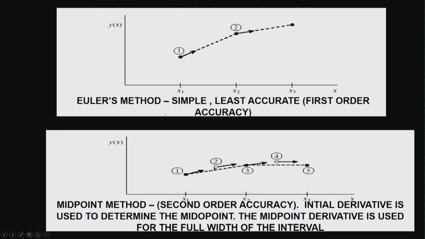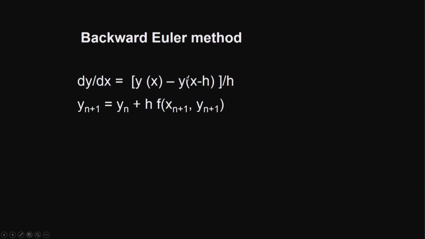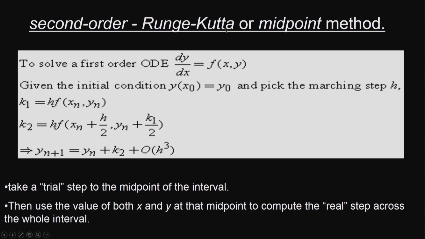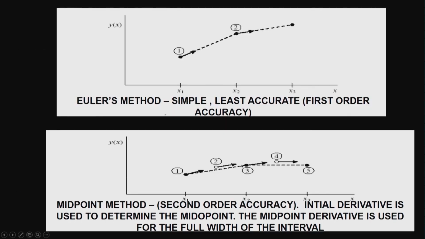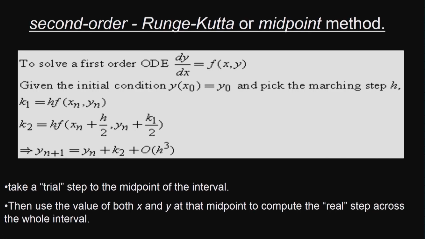Then we also have the midpoint method, where the derivative at the middle point is used for the full width calculation, which is slightly more accurate. Then we looked at backward Euler's method. Then we have the second order Runge-Kutta method. This is the midpoint method, where the midpoint is made use of to calculate the yn plus 1.